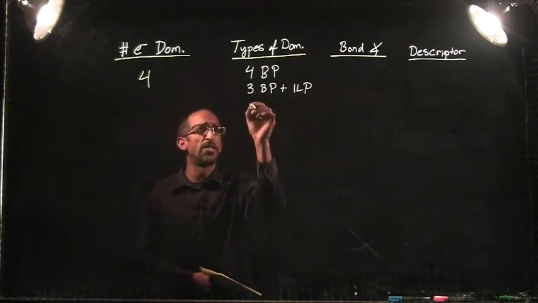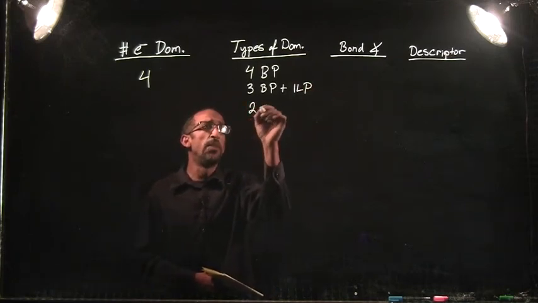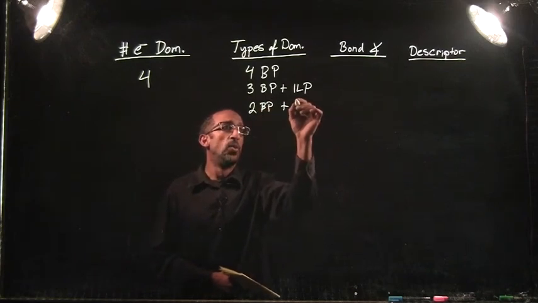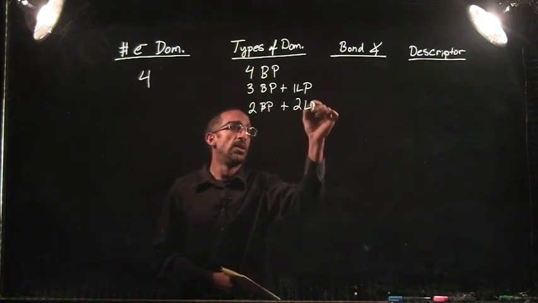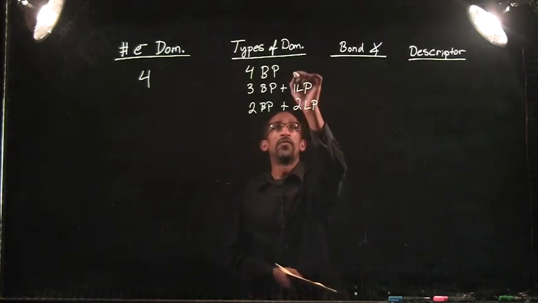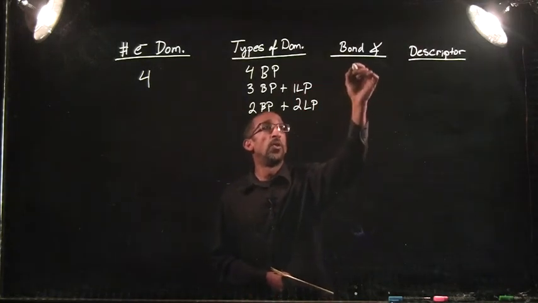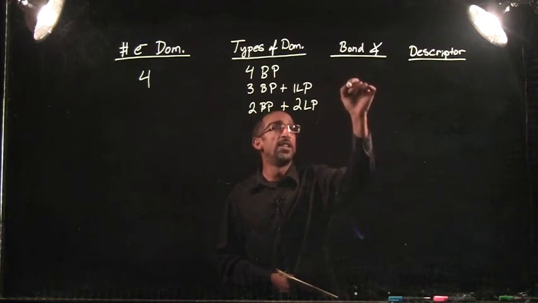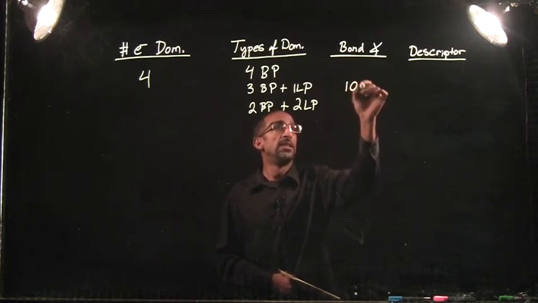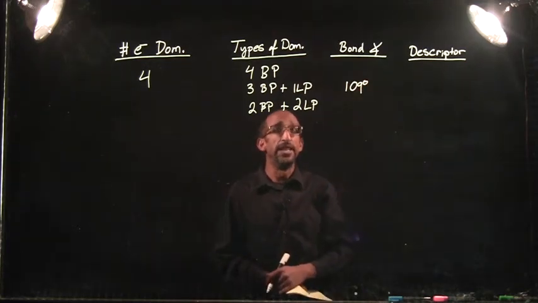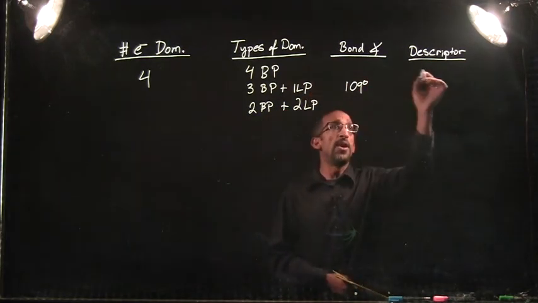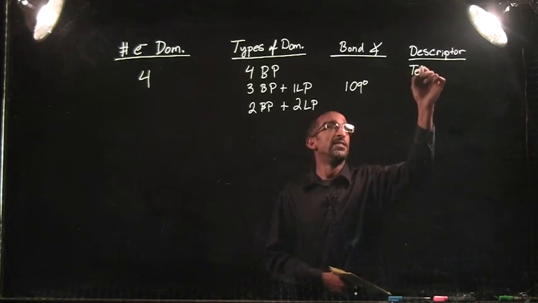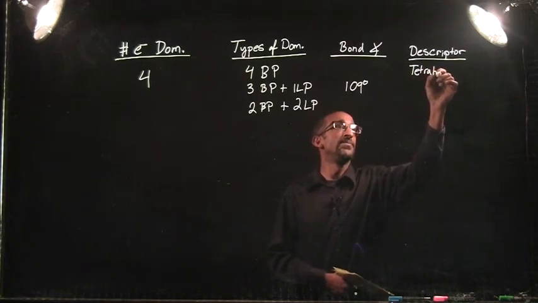And then we also saw a scenario where we had 2 bonding pairs and 2 lone pairs. For 4 bonding pairs, so all of these situations, are going to have a bond angle of 109 degrees. So for the 4 bonding pair scenario, that's going to result in a tetrahedral geometry.